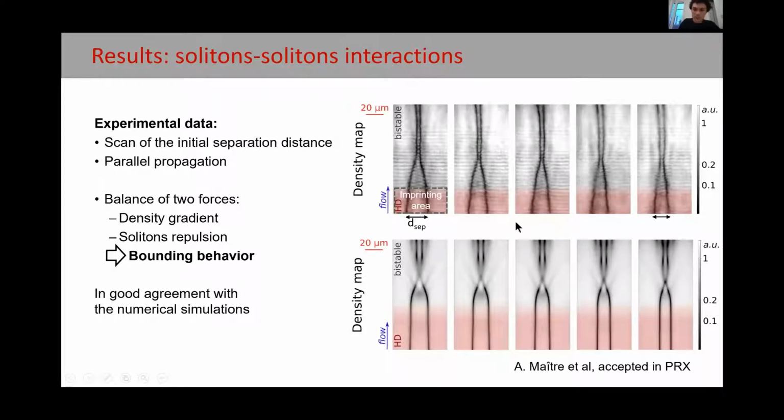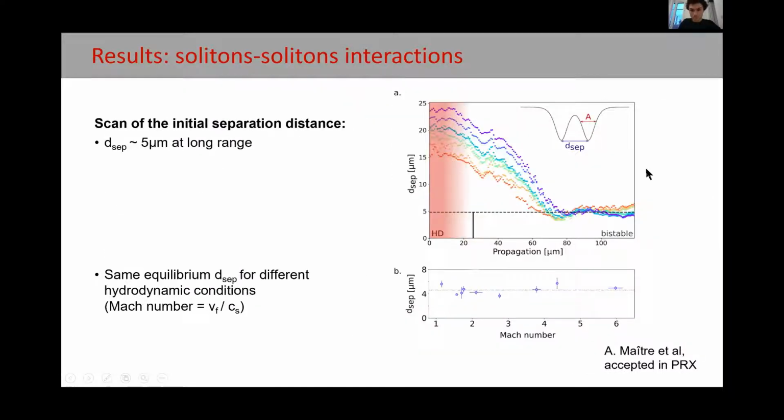Okay, so here you have the density map from the numerical simulation corresponding to this experiment. And as you can see, the simulation and the experiment are in good agreement. All these results have been quantitatively summarized in the graph you have here, where we have plotted the separation distance of the solitons against their position inside the cavity.